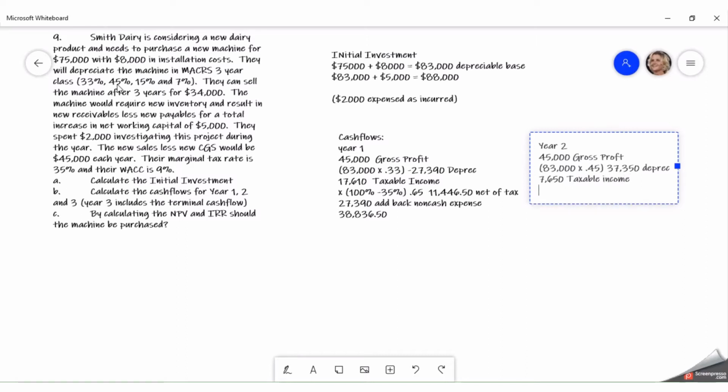And then we're going to multiply that times the 0.65, which will take it net of tax. So that's $4,972.50.